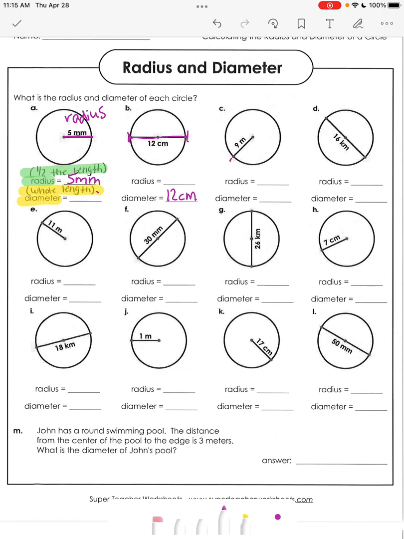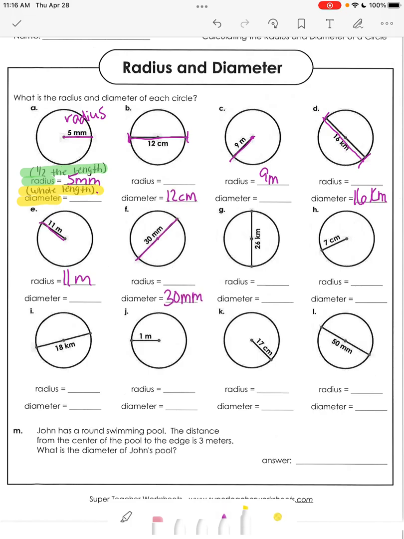Looking at C, this is halfway across, so we are given your radius. D is all the way across, so that is our diameter. E, halfway across, so that is your radius. F is all the way across, so that is your diameter.